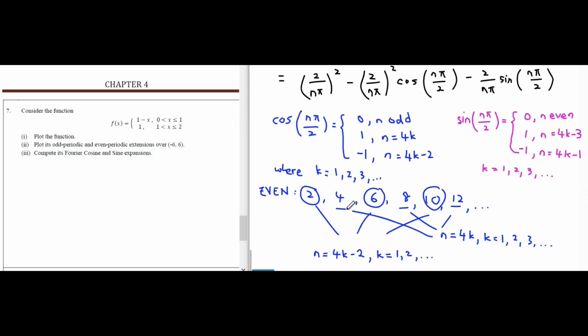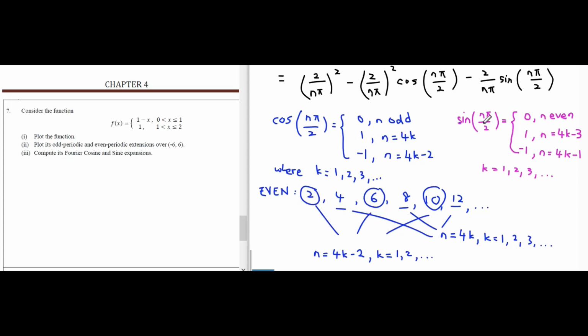So whenever we substitute by the multiple of 4, cos will return the value of +1. So this is the idea of the list of even values of n.